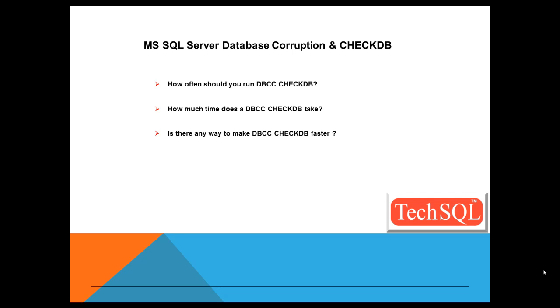Check individual tables with CHECKTABLE and don't do them all at once. Check one partition at a time with CHECKFILEGROUP. Run CHECKDB more frequently on data that changes frequently and less often on less frequently updated or less important data.